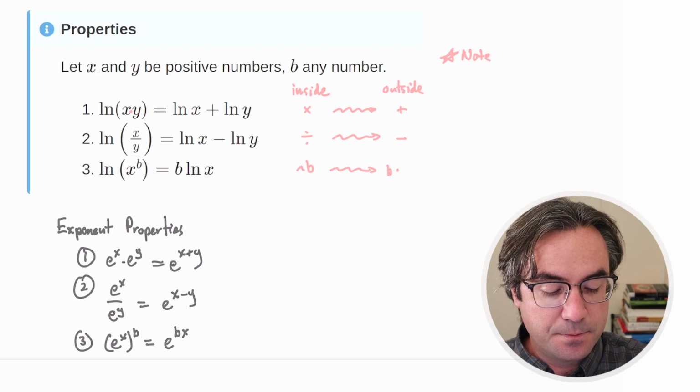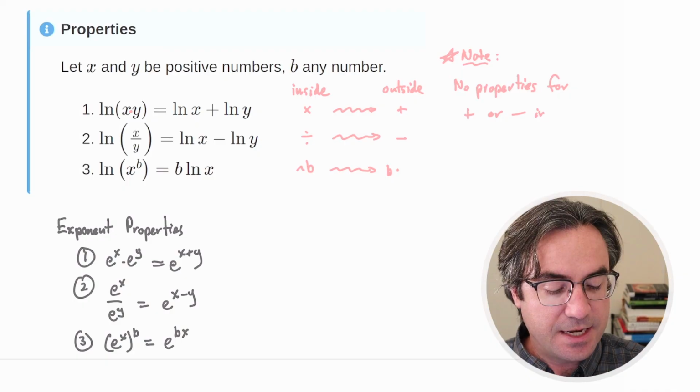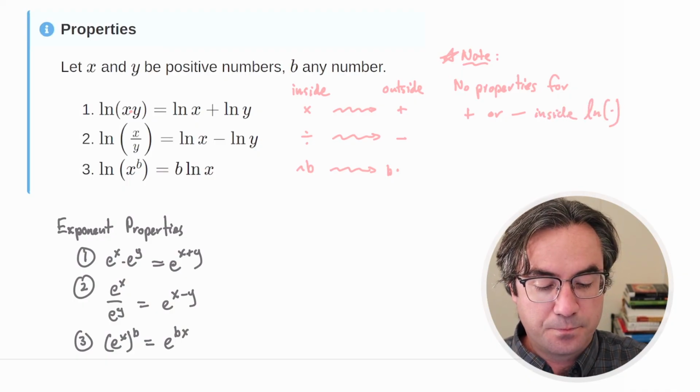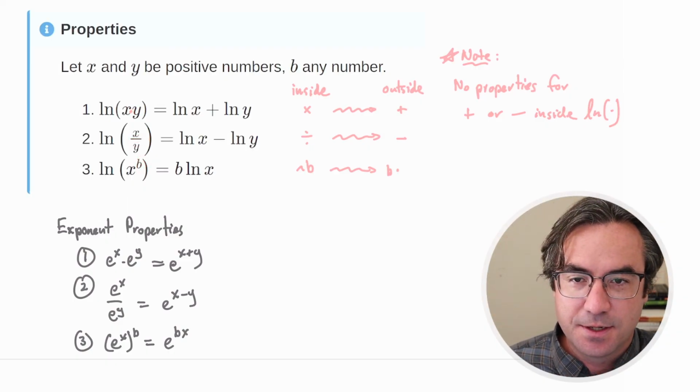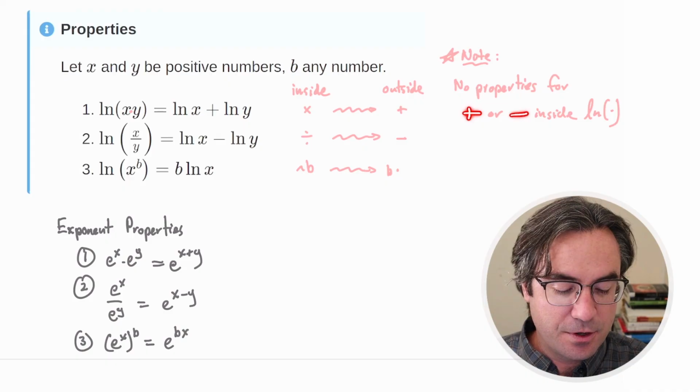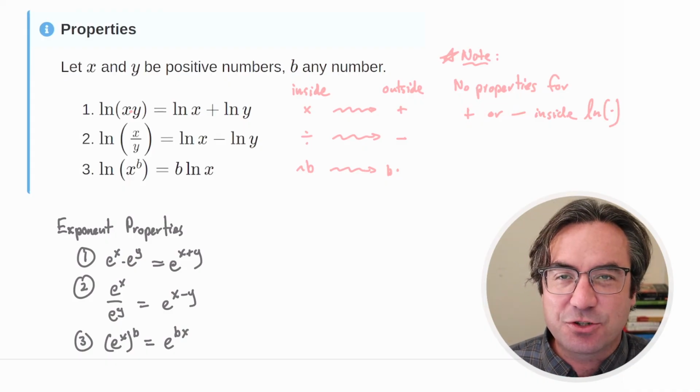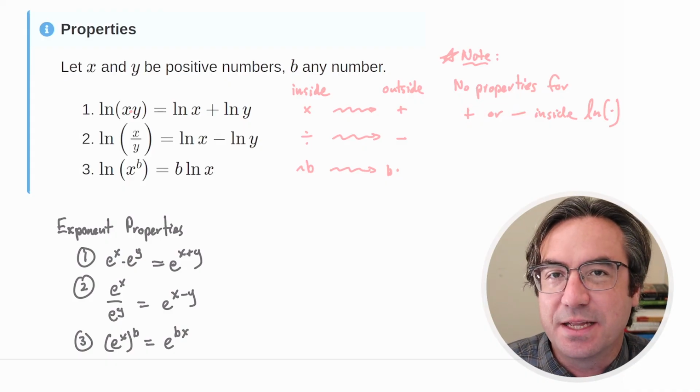So note, no properties for addition or subtraction inside natural log. So only multiplication, division, or exponents. So if there's addition or subtraction going on inside the natural log, that's kind of where we get stuck.